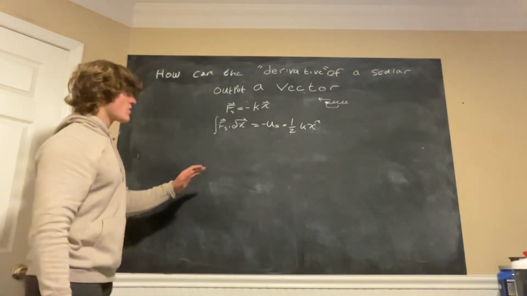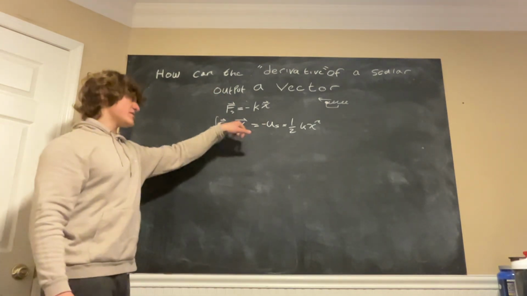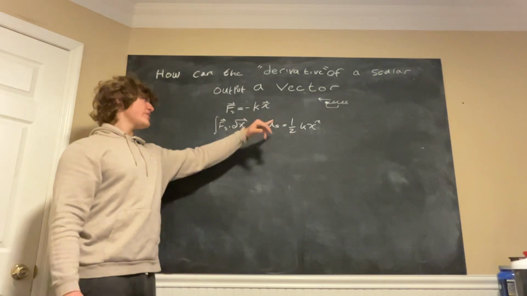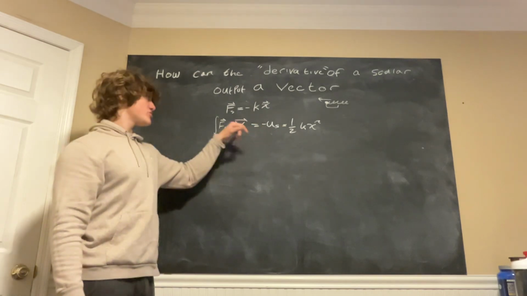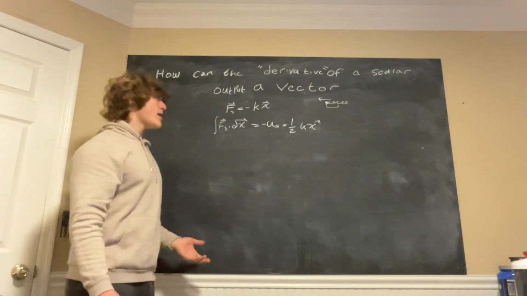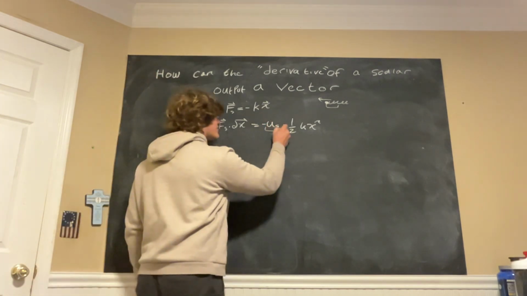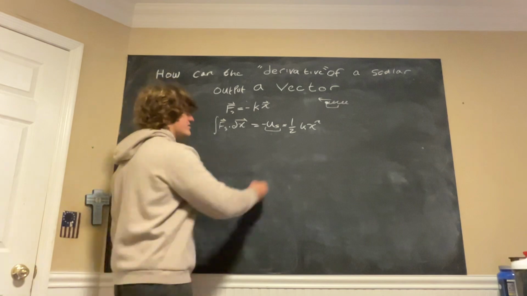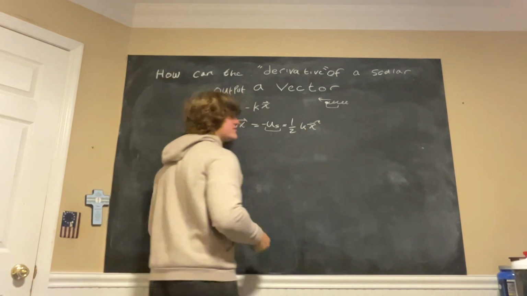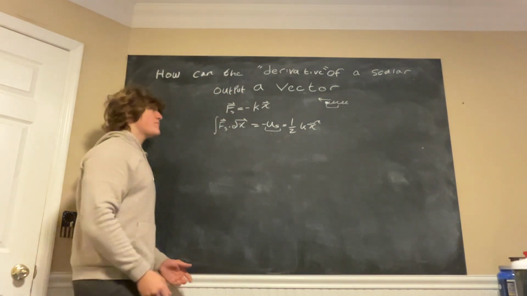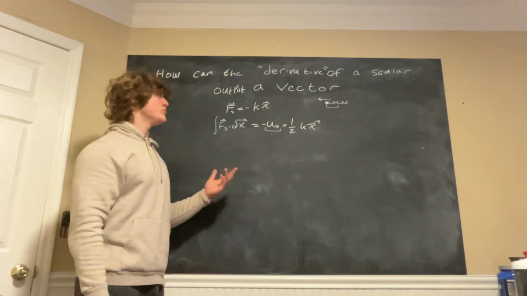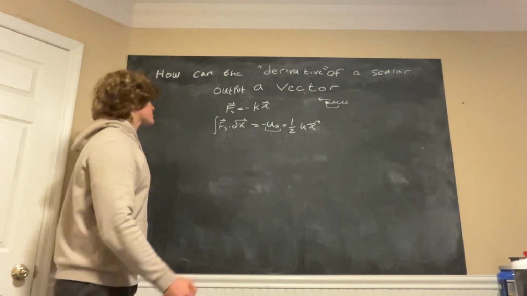So now, since this is an integral, this should mean that the derivative of this should just be equal to our force. However, it does not work out like that, as potential energy is a scalar quantity because this x vector right here is squared. So that means that it will be a dot product, which will output a scalar.